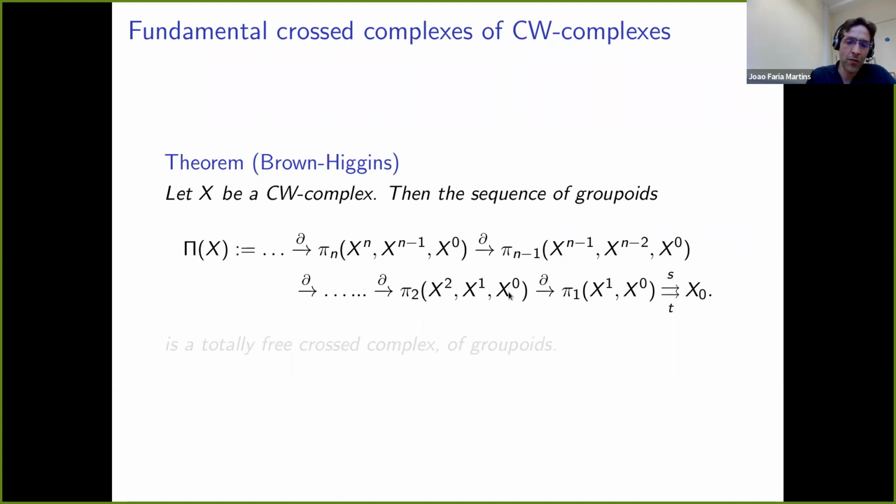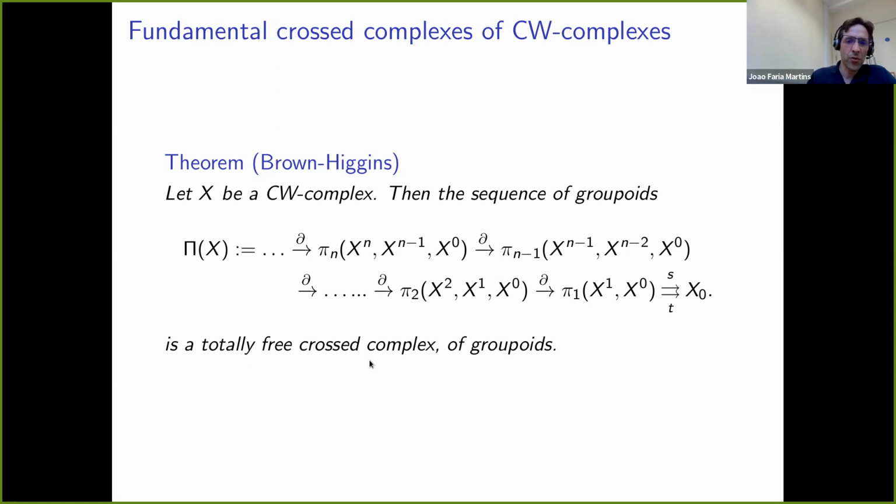Then you look at relative homotopy groups and you keep on putting these relative homotopy groups. And a nice property is that it's a totally free crossed complex of groupoids. So it's as free as a crossed complex can be. So it's very easy to define maps from the fundamental crossed complex of a CW complex into any other crossed complex, as long as you know how the cells of the CW complex attach.